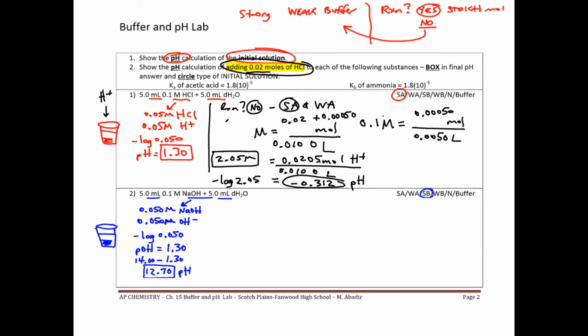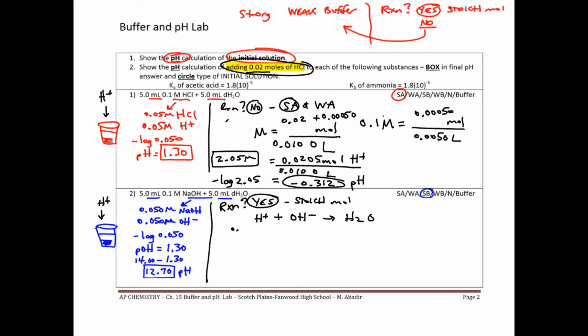Okay, now we're going to add H plus into the second one. The first question is, is there a reaction when you add a strong acid and a strong base? The answer is yes, so we do stoichiometry in moles. Let's take that H plus that we just added and put it together with the NaOH that we had before, where we only care about the OH minus, and that's going to make water.